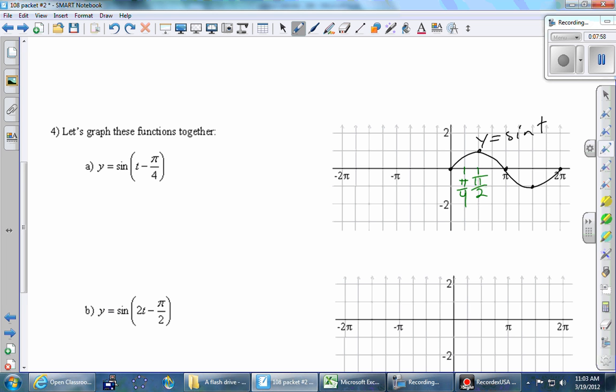Okay, it's supposed to move to the right by pi over 4. Where does this point move to? Pi over 4 to the right, which is exactly where the first thing is. And then the top point moves pi over 4 to the right. And so I would encourage you guys to plot 5 new points. Each of them moved pi over 4 to the right.